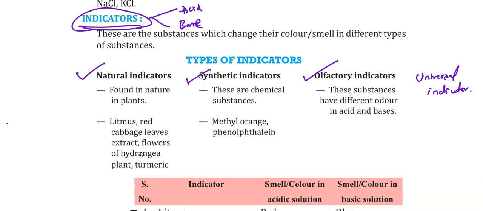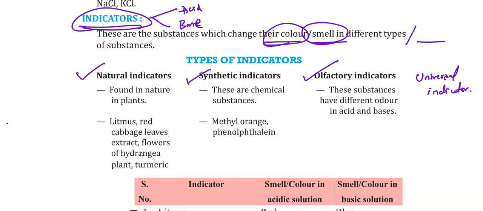Now in some cases we see the color and we tell whether it is acid or base. We smell it, we tell whether it is acid or base. We change some properties of it and we tell whether it is acid or base. But right now you can just go with these two points: by seeing their color and by smelling it.